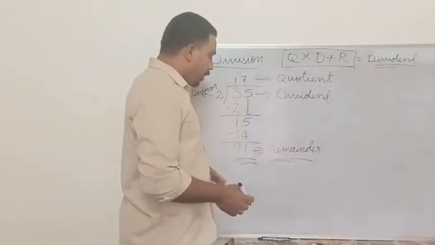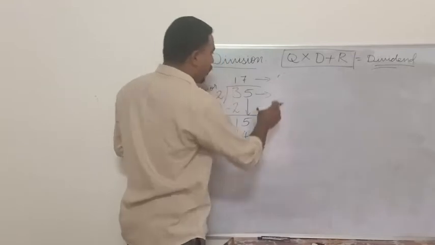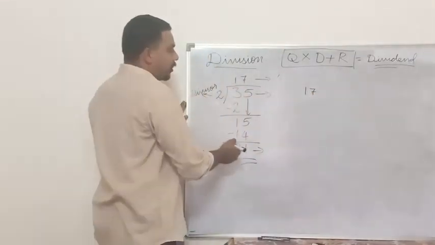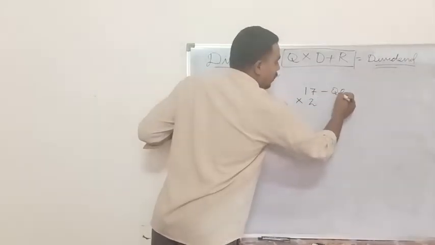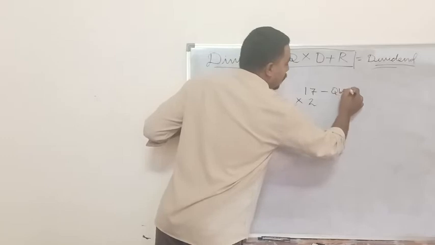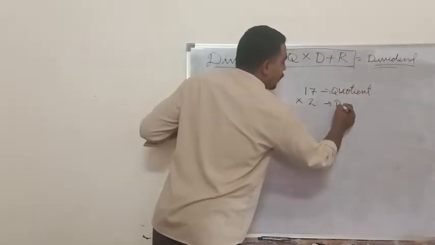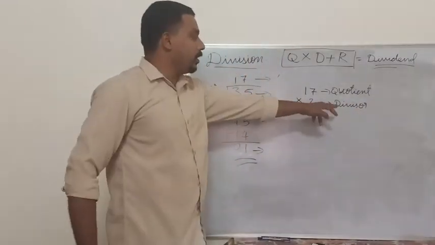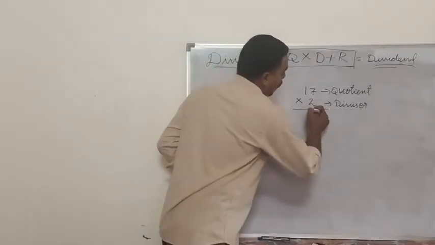Just check it. Here, what is the quotient? 17. What is the divisor? 2. Multiply quotient into divisor. 2 sevens are 14.